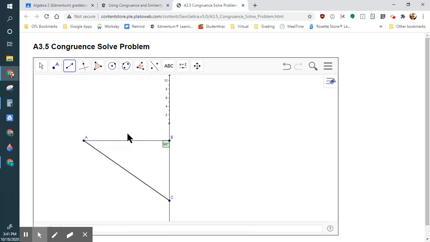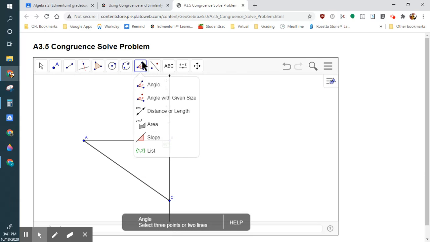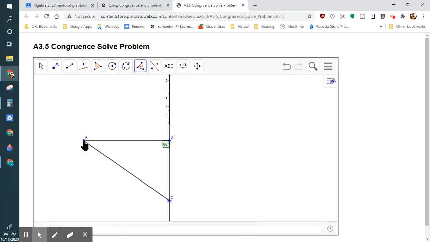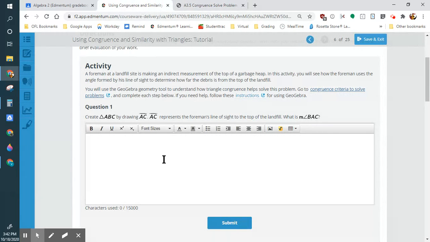We're looking for angle BAC, except we want to go counterclockwise, so remember going the opposite way of a clock. We're going to go from C to B. When we use our measuring tools, we go here and click, click, click. So our angle is 35 degrees.